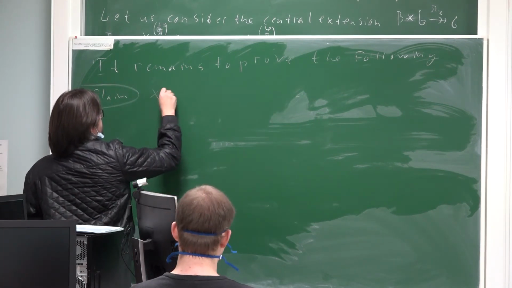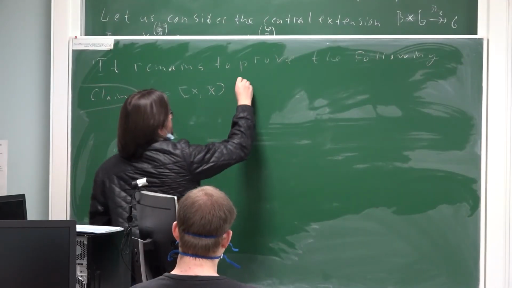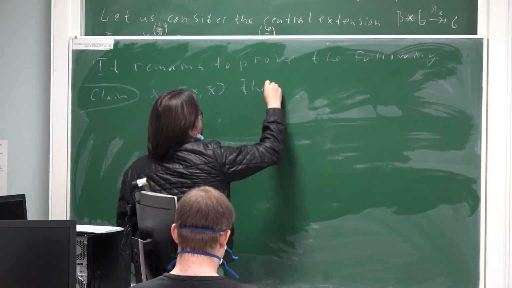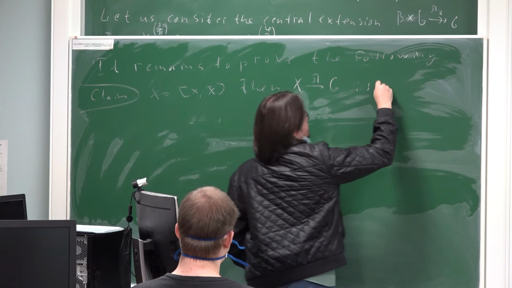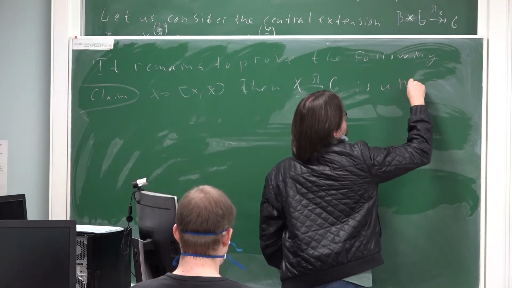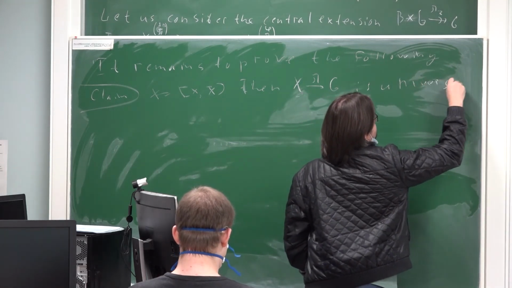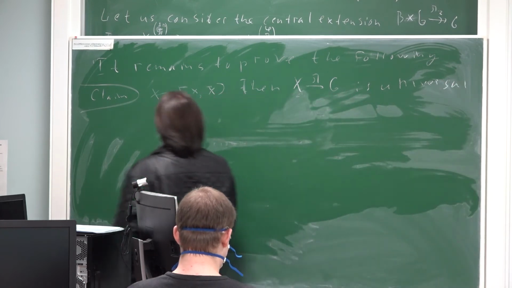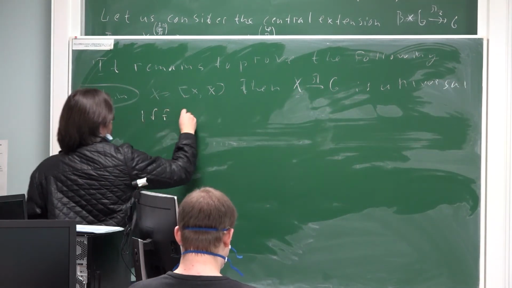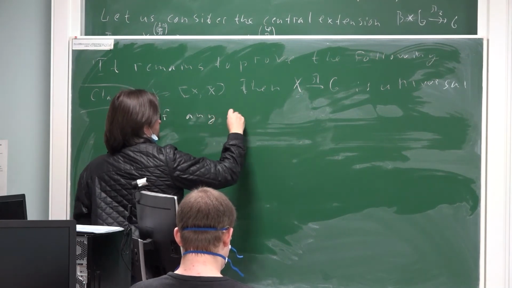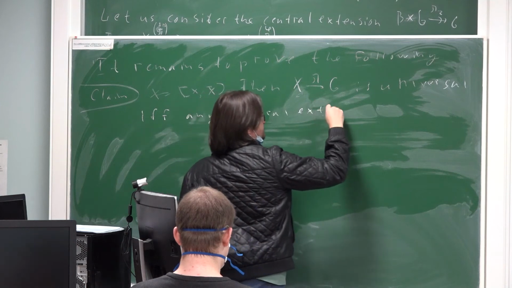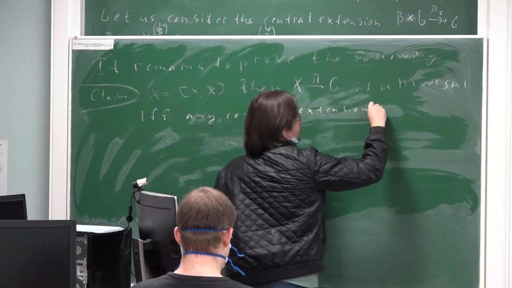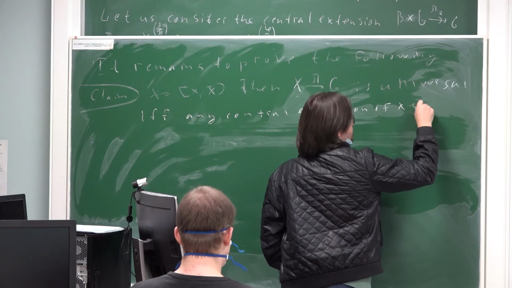Suppose that X is perfect, then X by G is universal if and only if any central extension of X splits.